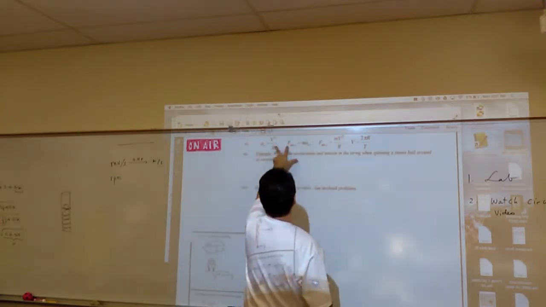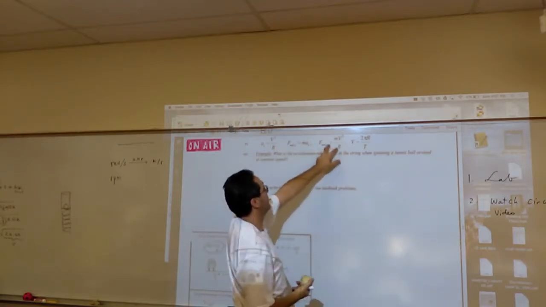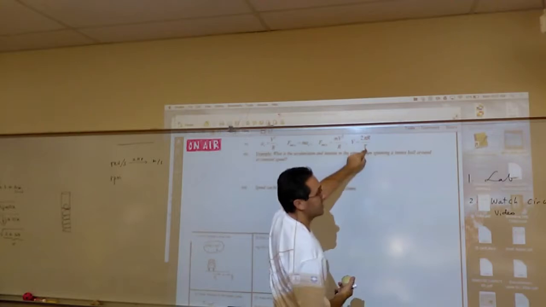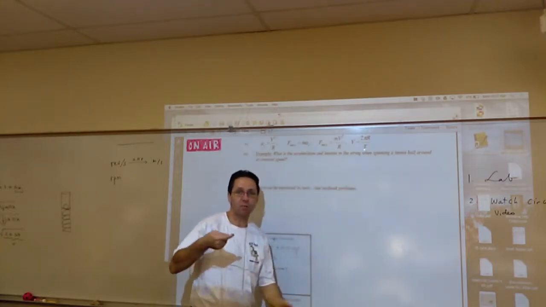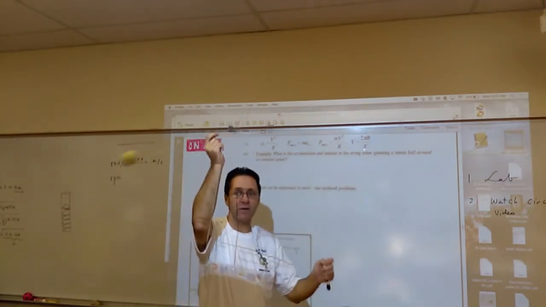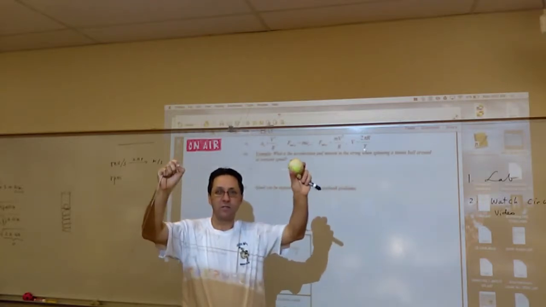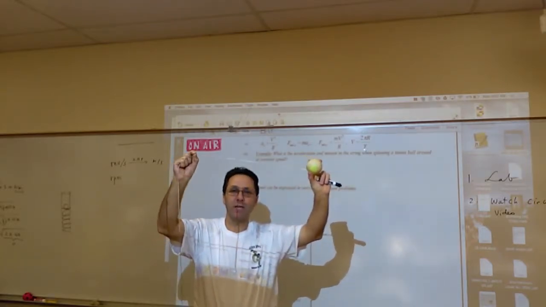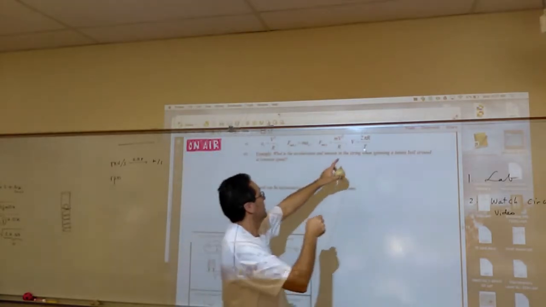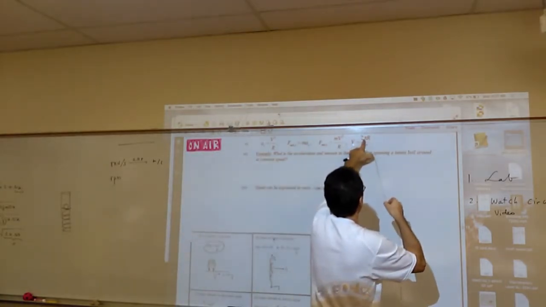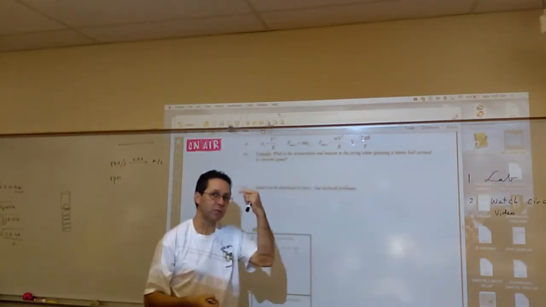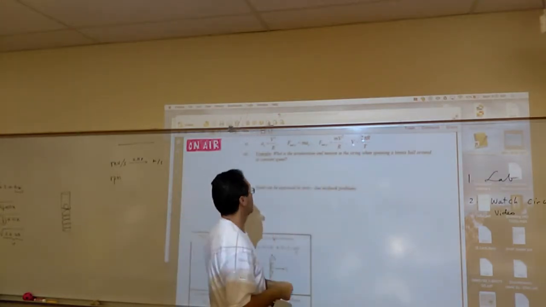If you put these two together, you end up with this equation. Now, this is just speed equals distance over time. If I take this tennis ball and I go around like this, and I know the radius of this string, from the center of the ball to where my right hand is, the speed is the circumference divided by the time it takes to do one turn, one revolution.